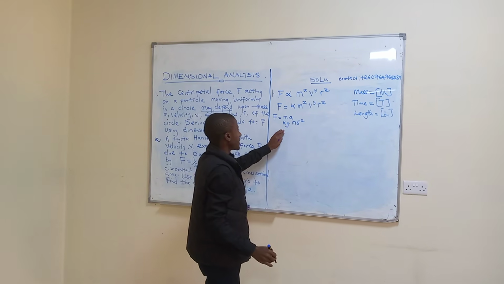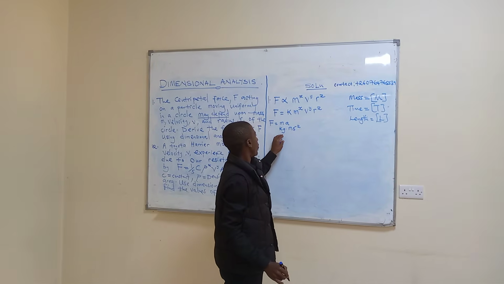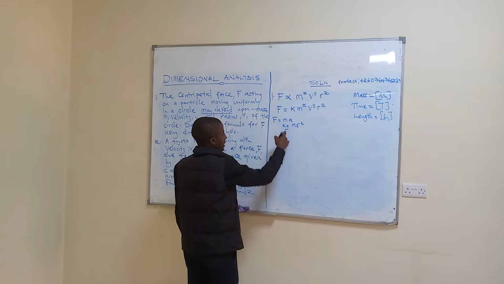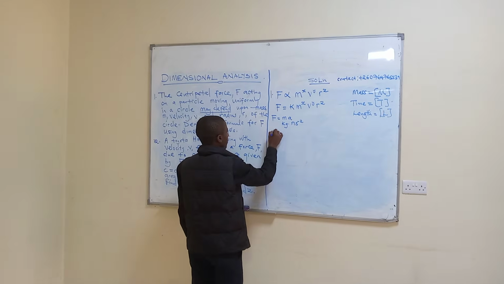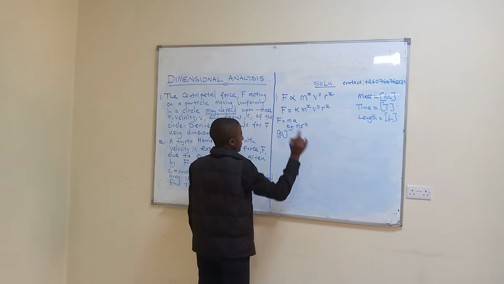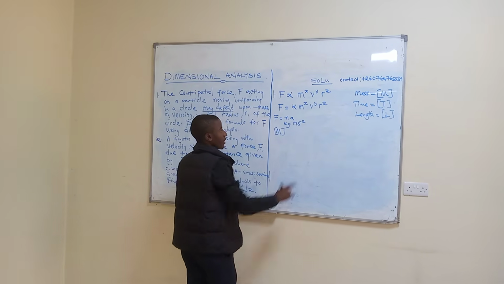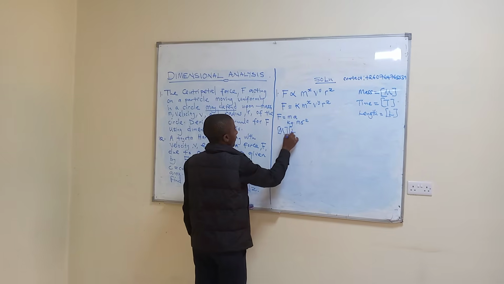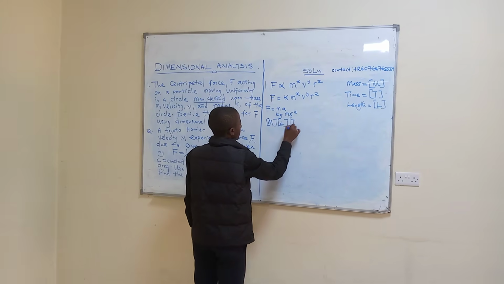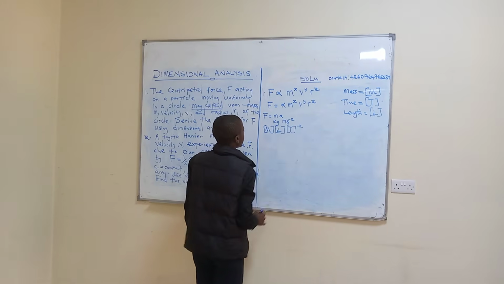Now I'm going to get the dimensions of each from there. Mass, which is kg, is represented by capital letter M. And then meter is represented by L, and seconds, time, is T with negative 2 like that.